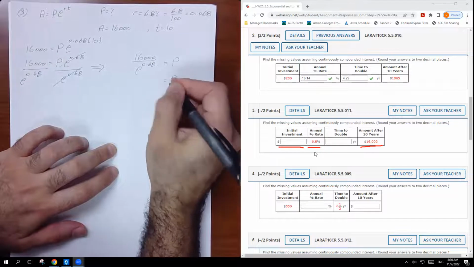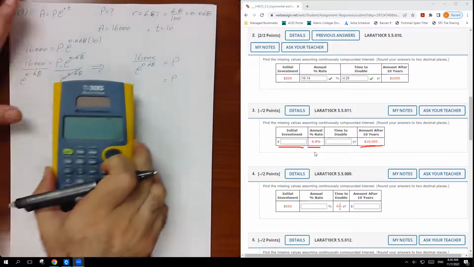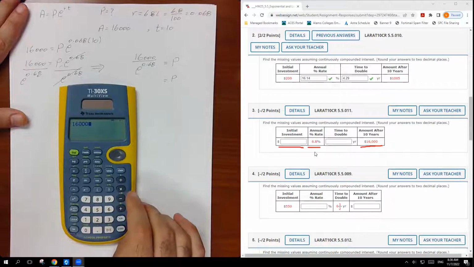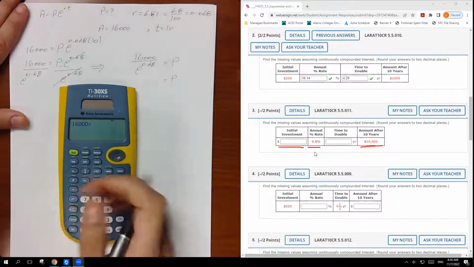That means our invest is going to be 16,000. Yes, I was saying 1600, but it is 16,000.